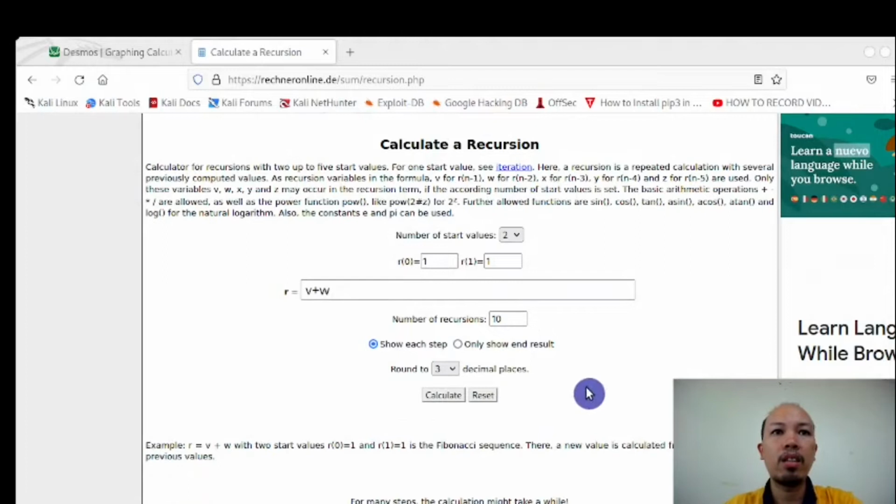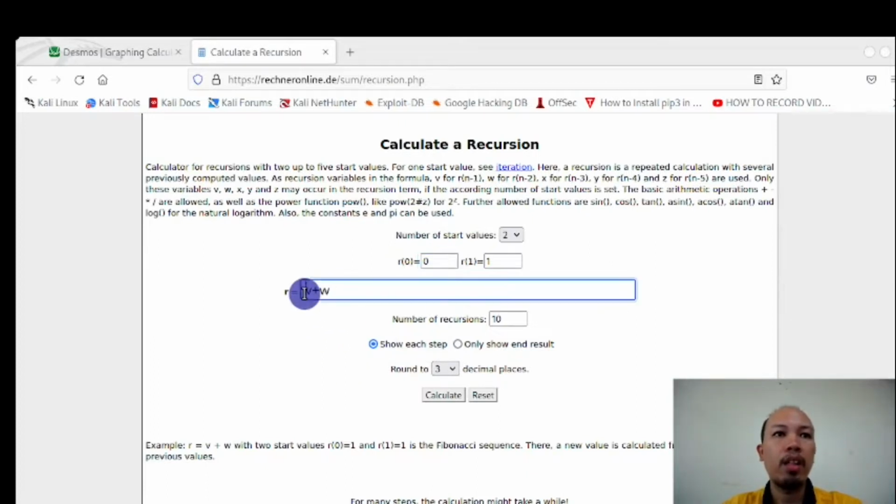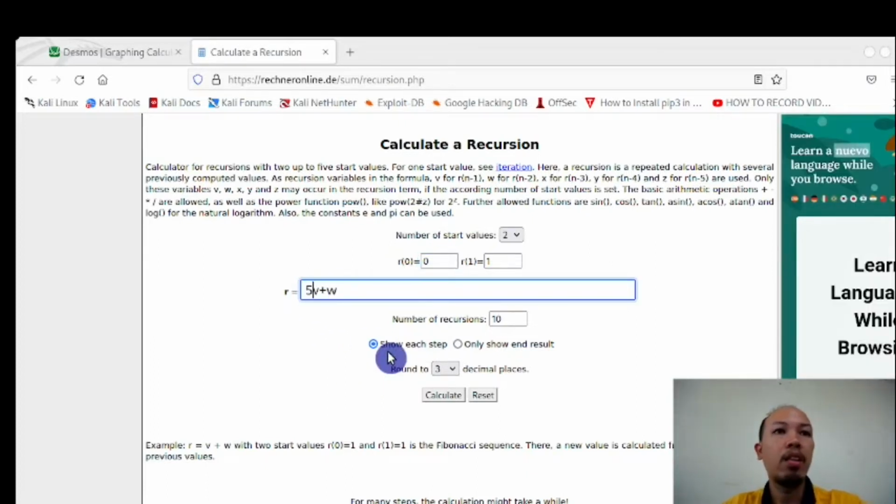Let's reset this first and then start with 0 1. So 0 here, and then 5 times, for multiplication it is asterisk, 5 times a n minus 1 minus 6 times a n minus 2. Okay, let's try to calculate.